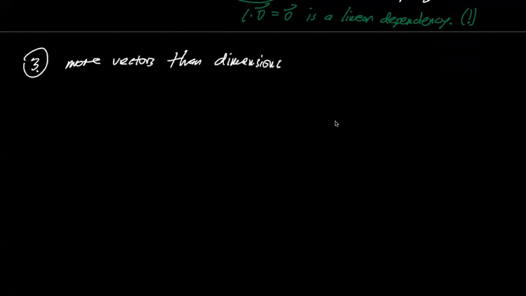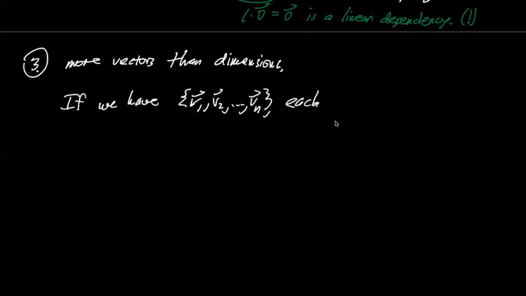So say we have a set v1, v2 through vn, and each vi lives in Rm, and m is less than n.